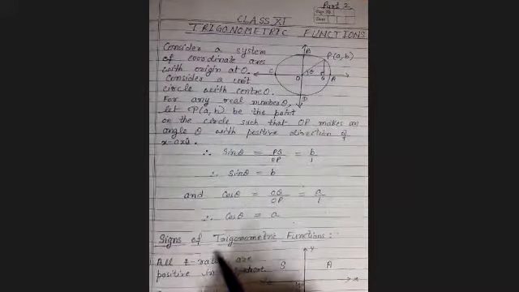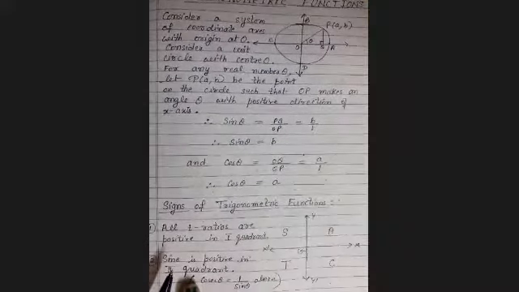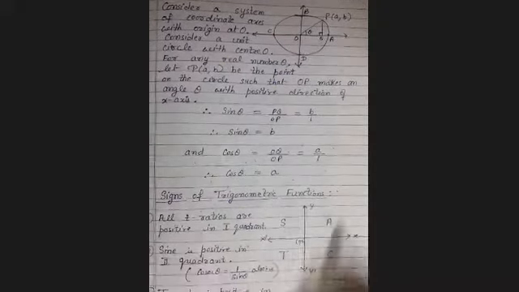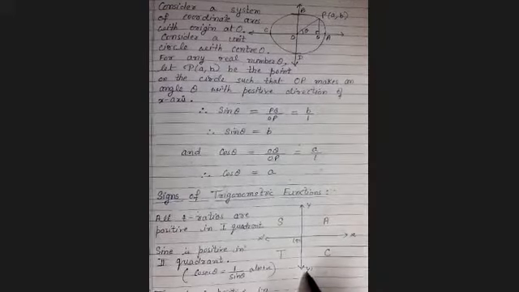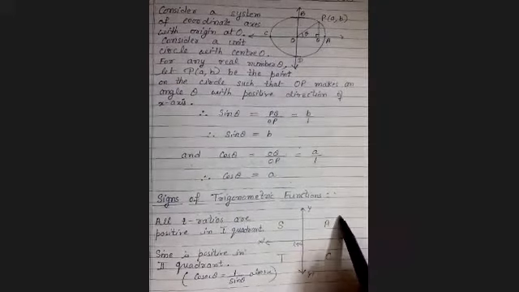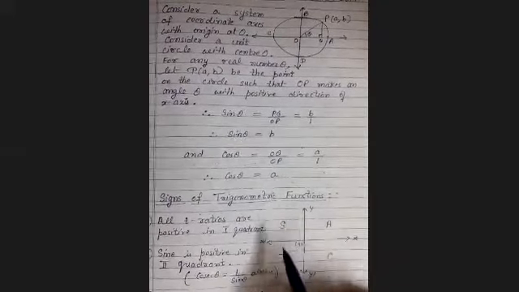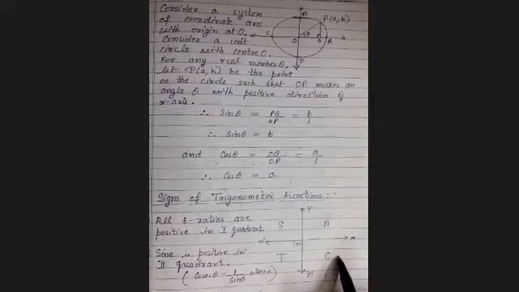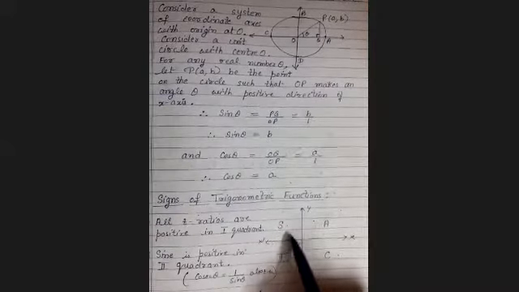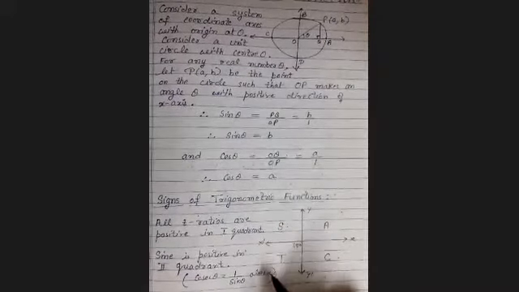Now, signs of trigonometric functions. All trigonometric ratios are positive in the first quadrant. You can see here, it is the x-axis, y-axis, and it is called the first quadrant, second quadrant, third quadrant, and fourth quadrant. In the first quadrant, from 0 to 90 degrees, all trigonometric ratios are positive. In the second quadrant, sine theta is positive, and the reciprocal of sine theta is cosec theta.